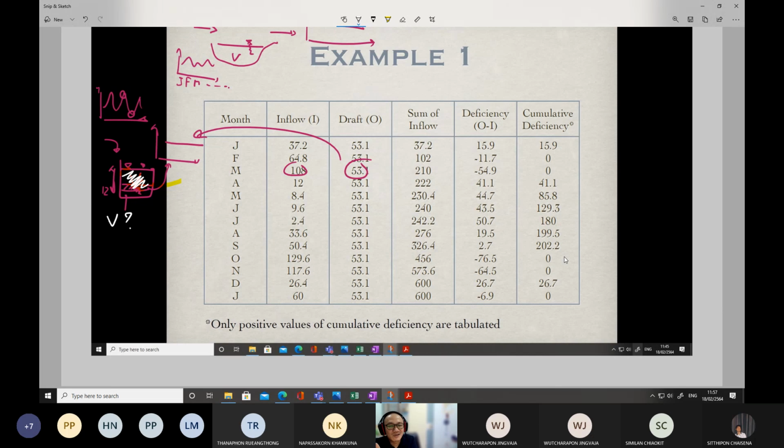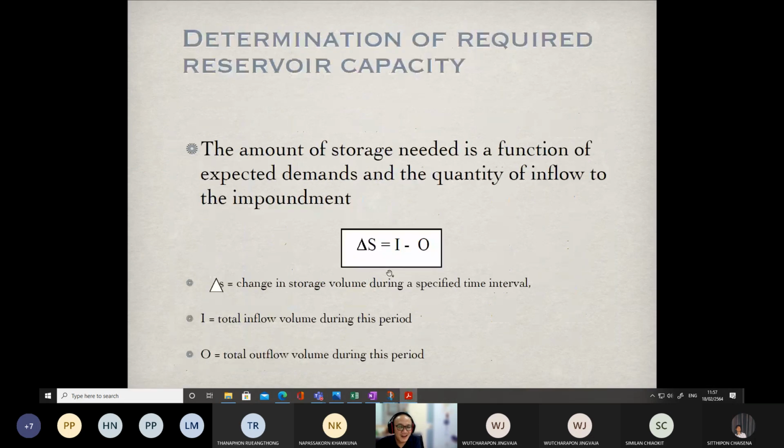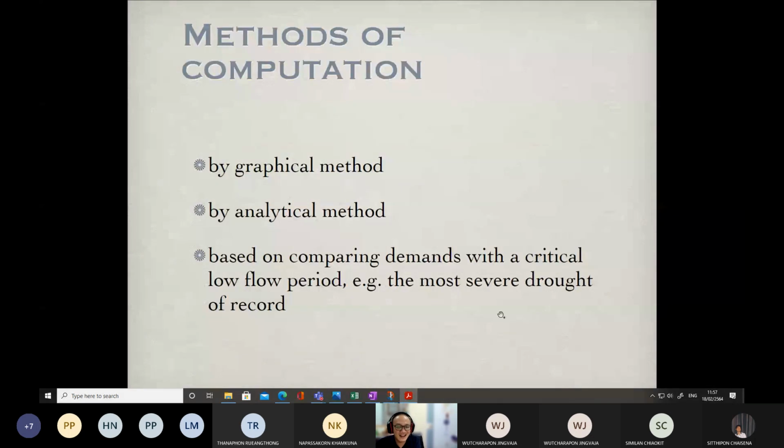So to answer the question about the storage volume: if you are to find what the storage capacity should be, it should be 202. This is a method of computation we use to determine the size of the storage. The method I've just talked about is the analytical method.